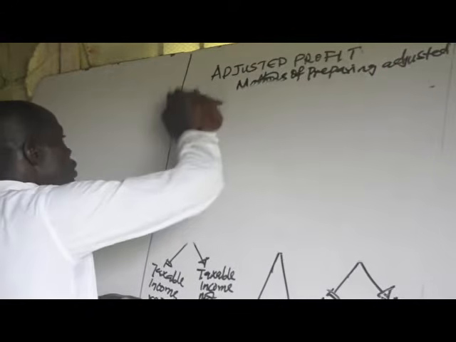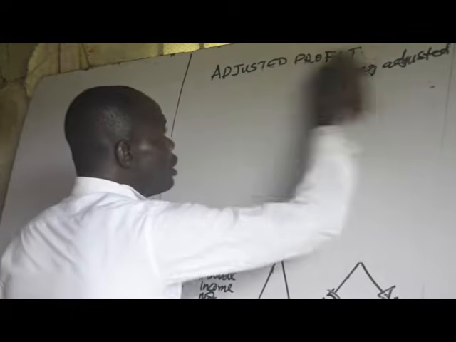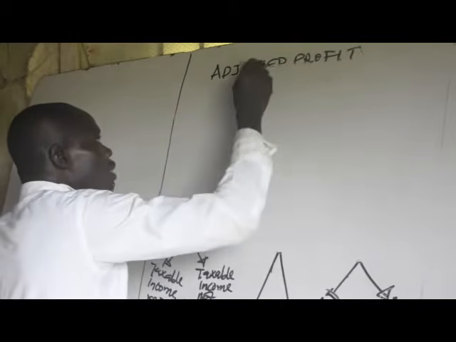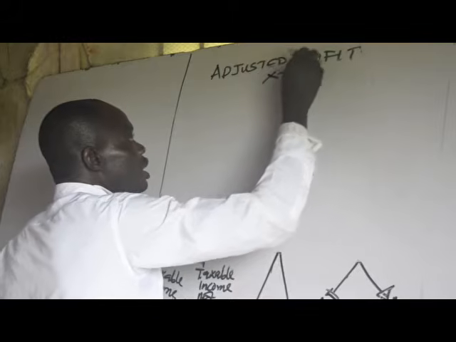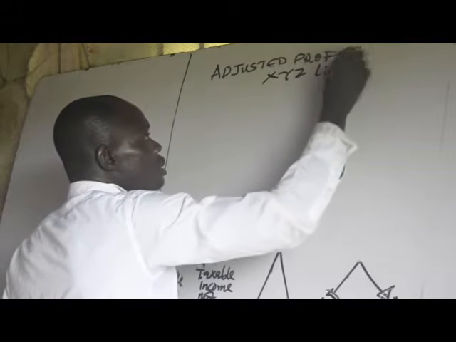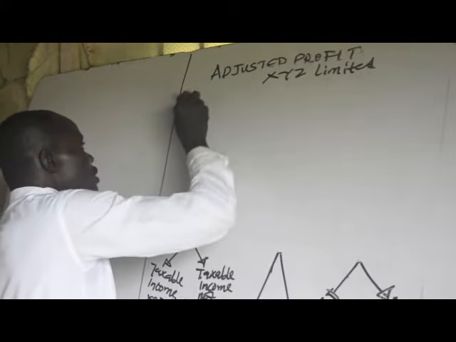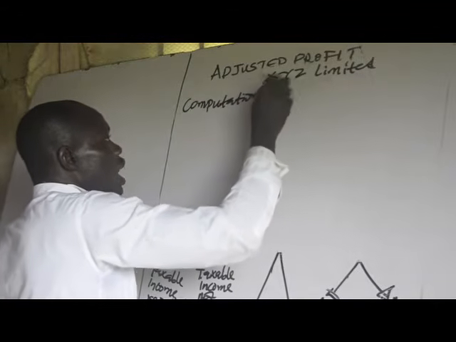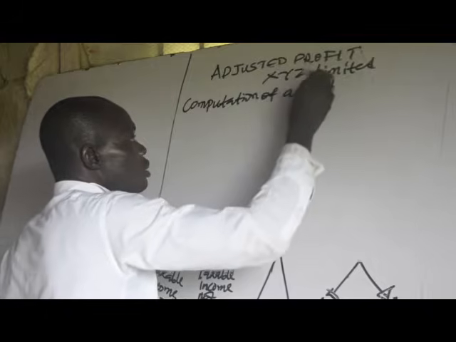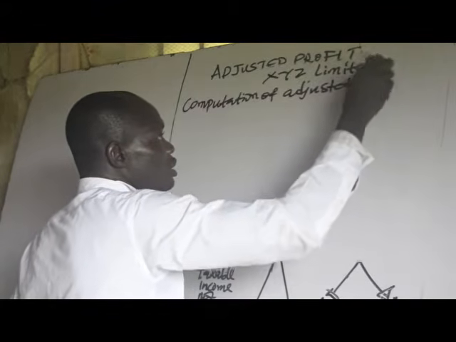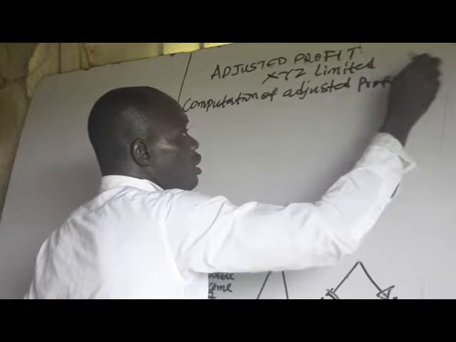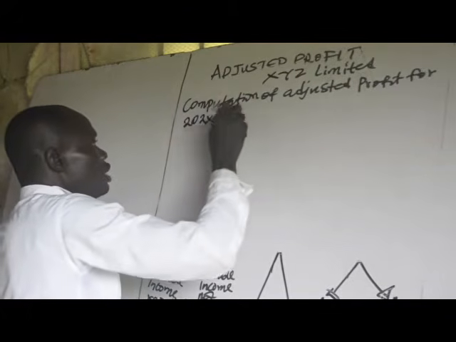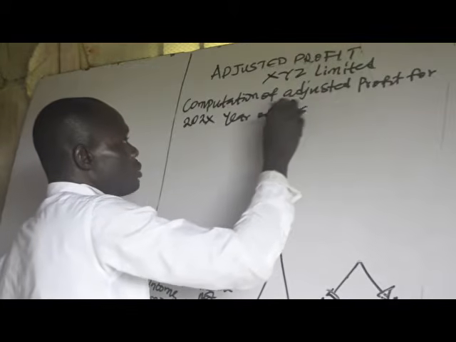You have XYZ Limited, computation of adjusted profit for 22X year of assessment.